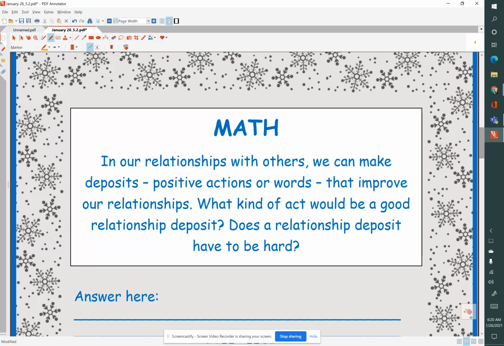So in our relationships with others, we can make deposits, positive actions or words that improve our relationships. What kind of an act would be a good relationship deposit? Does a relationship deposit have to be hard?